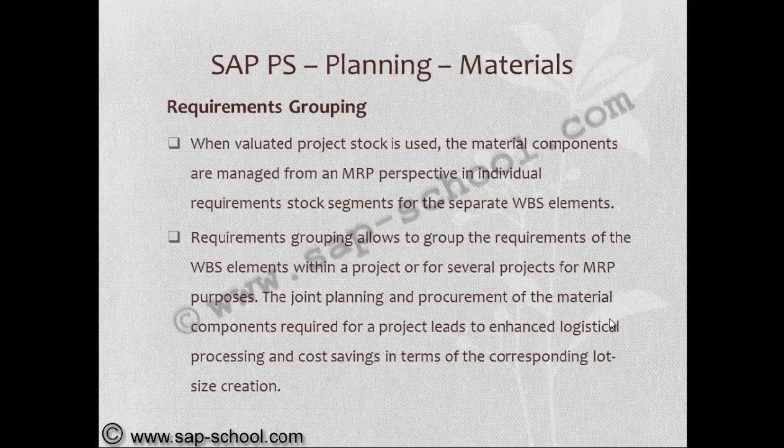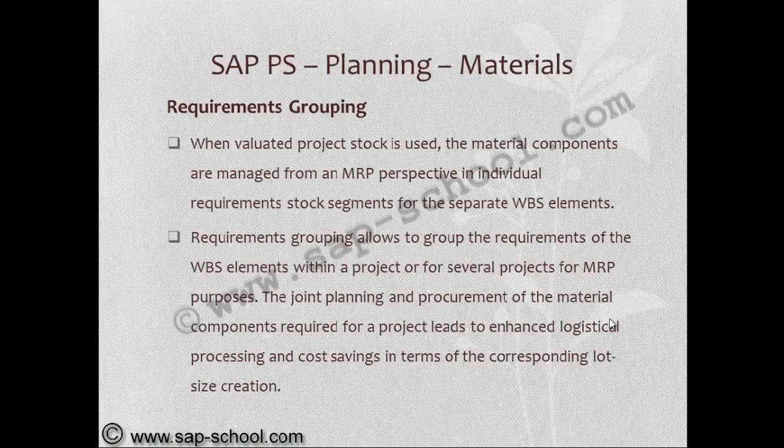Next one is requirements grouping. When evaluated project stock is used, the materials are managed from an MRP perspective in individual requirement stock segments for the separate WBS elements. So the same material is being used in different WBS elements. That is the scenario.